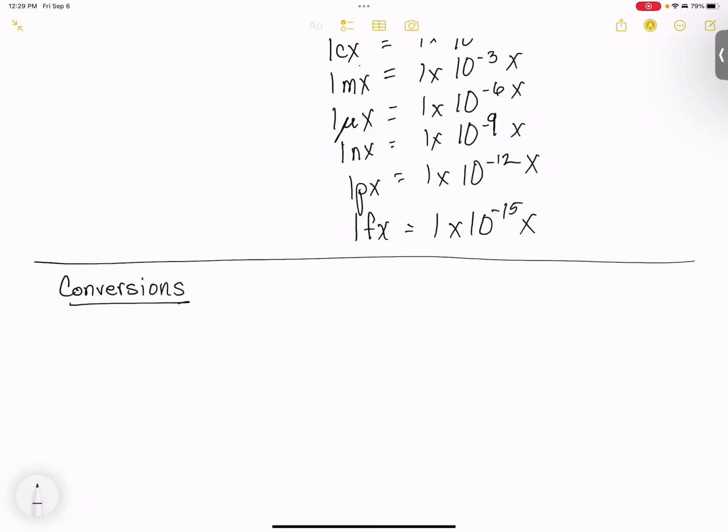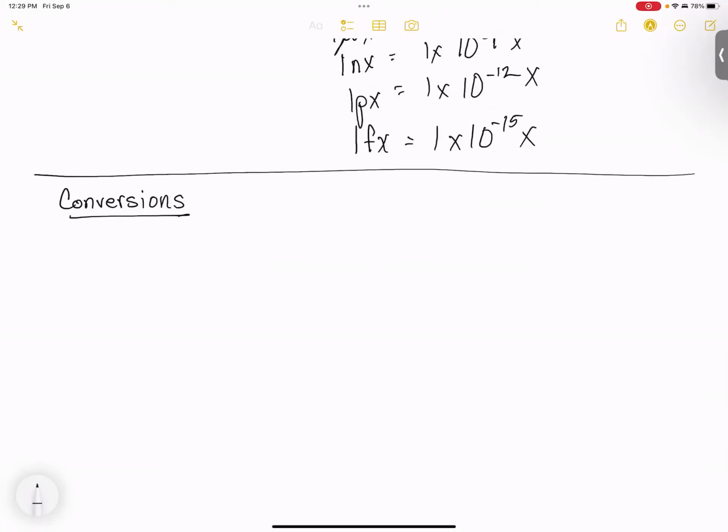Conversions. How many kilometers is equal to 0.0269 meters?